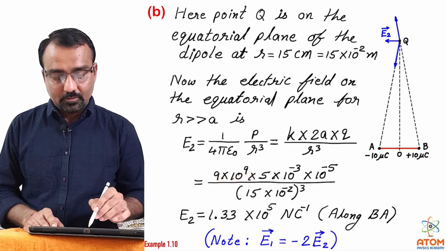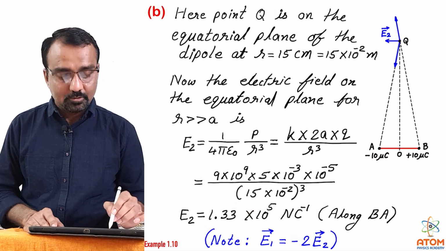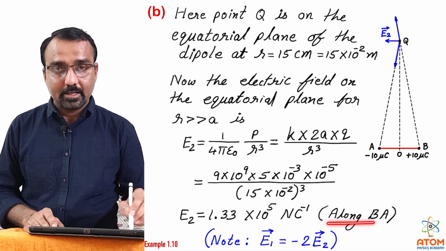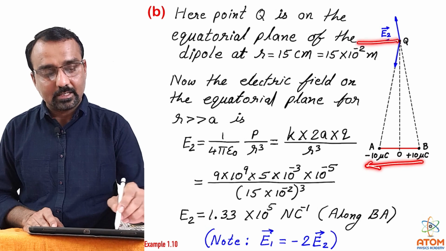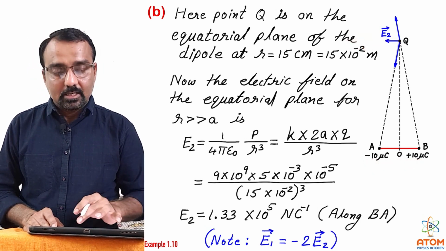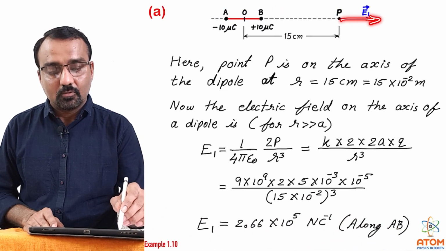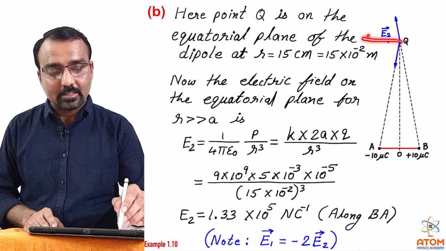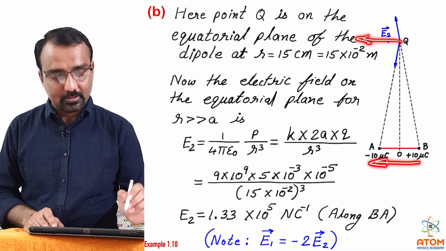Solving this, you will get E2 equal to 1.33 into 10 raised to 5 Newton per Coulomb along the direction BA. I repeat, it is along the direction BA. As you have seen in the previous case, the direction of electric field E1 was along AB, and here the direction of electric field E2 is along BA.